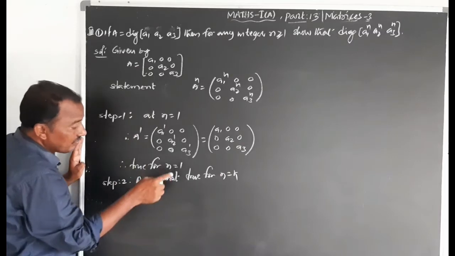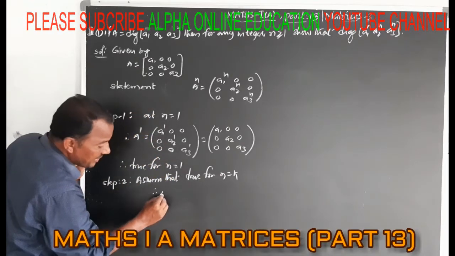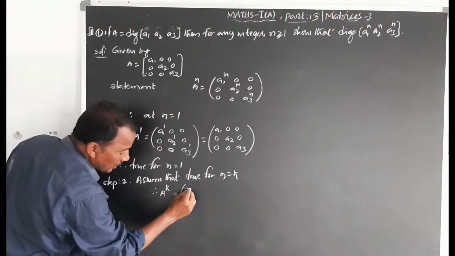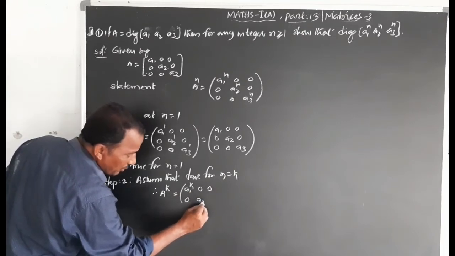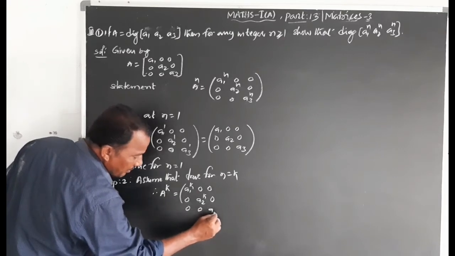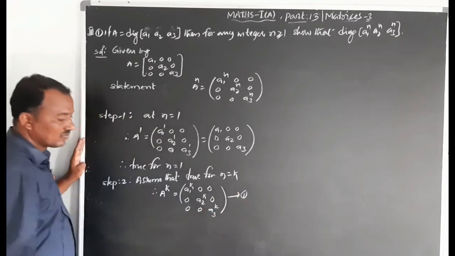Substitute the value of n equals k in the given statement. A power k equals A1 power k 0 0, 0 A2 power k 0, 0 0 A3 power k. This is our assumption.